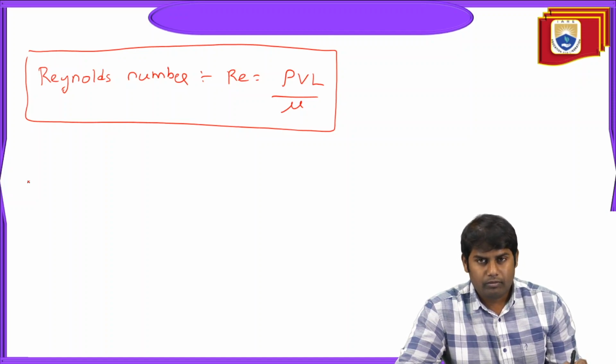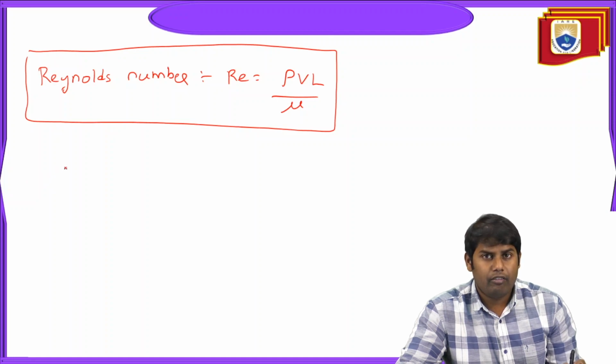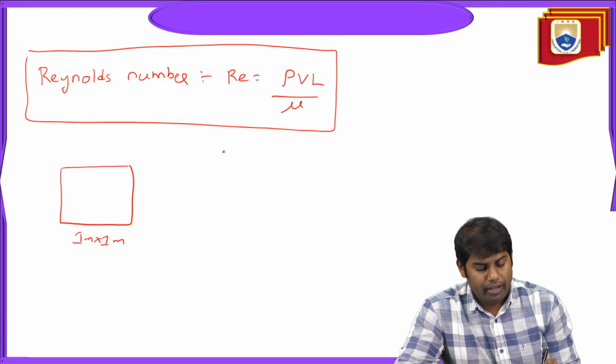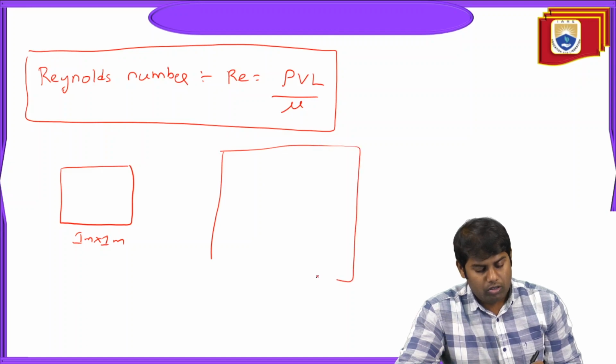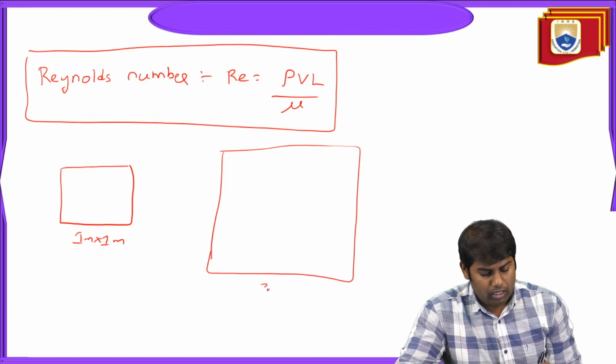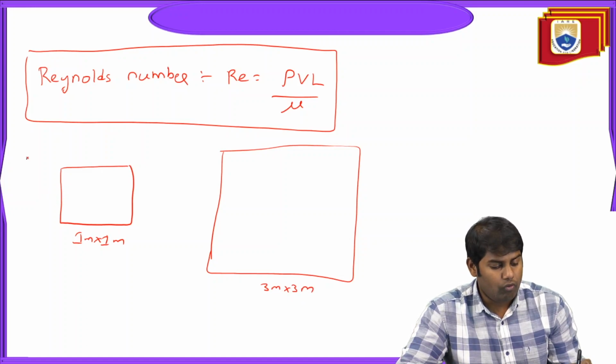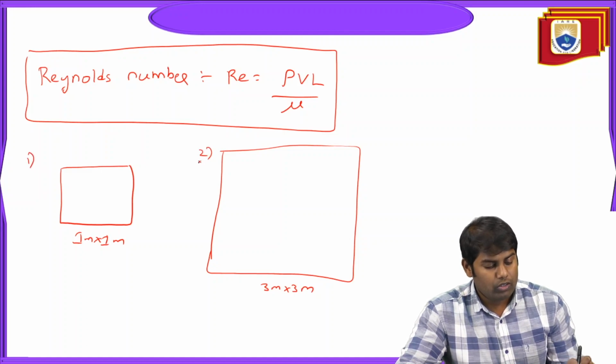So let's say in the numerical simulation we are simulating a flow over a flat plate of 1 meter cross 1 meter dimension, and we have another flat plate of 3 meter cross 3 meter. Let's say this is 1 and this one is 2, so this is the smaller one and this is the larger one.